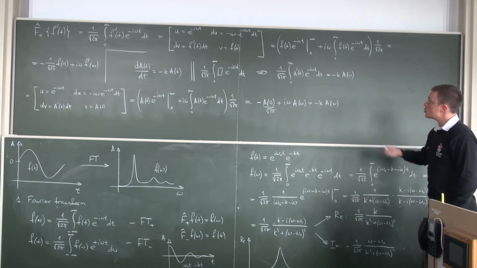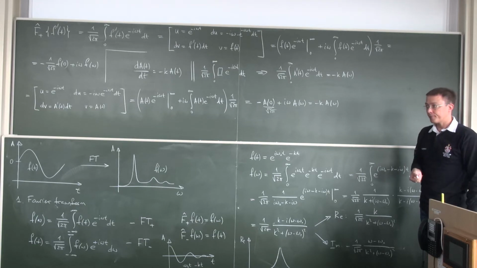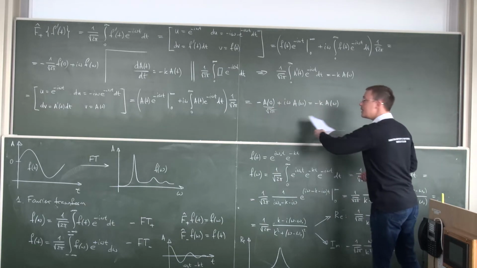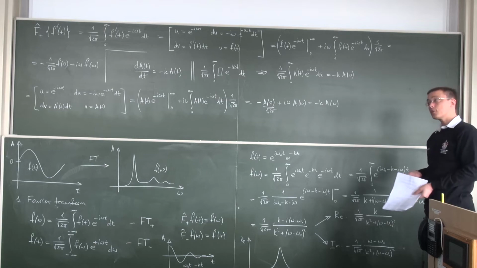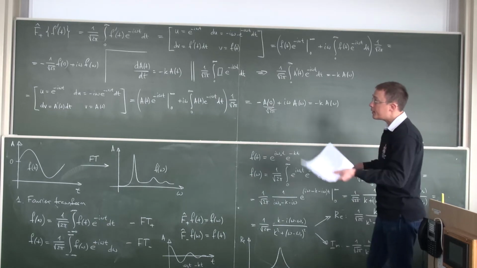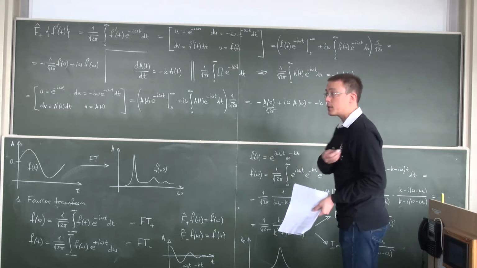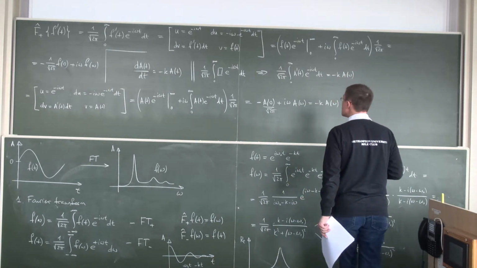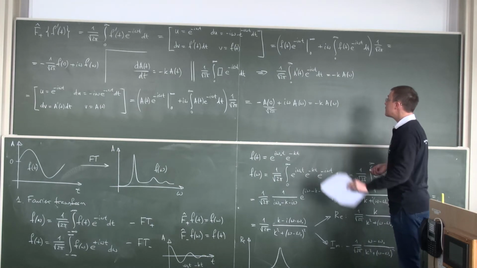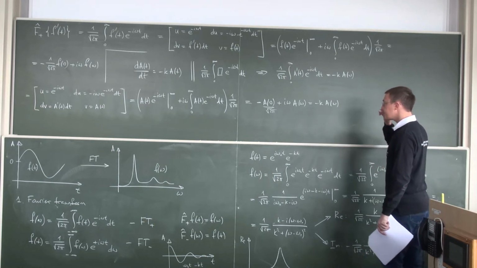Notice that the equation became algebraic. There's nothing here anymore that is differential. And so that is one of the best properties of the Fourier transform, that it gets rid of derivatives in differential equations. So we can easily solve this for A of omega.